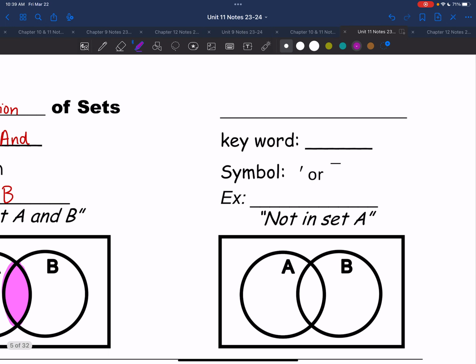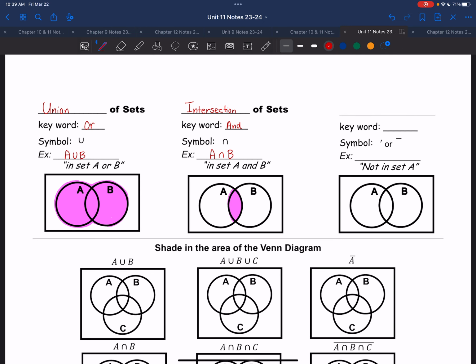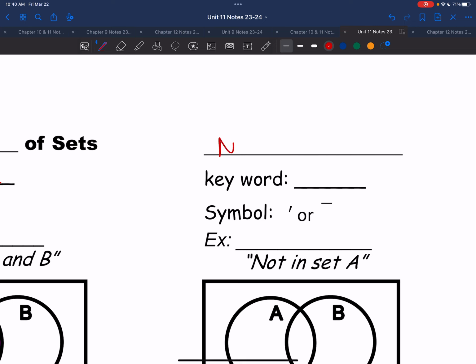And then the last thing, so we've looked at elements inside one or the other. We've looked at elements inside both sets. Now, sometimes they might ask you what elements are not in set A, for example. Not in a set.